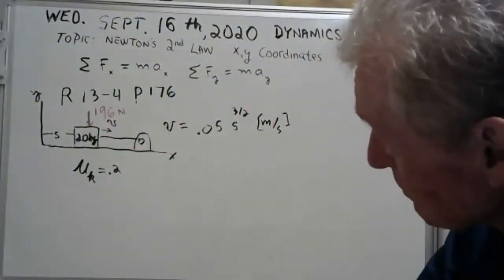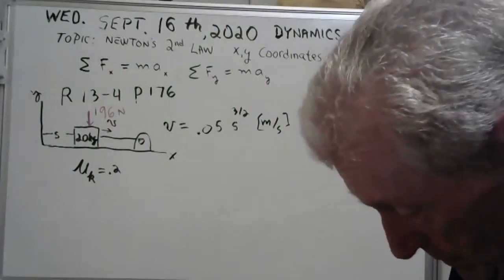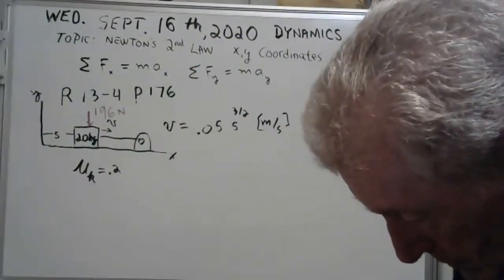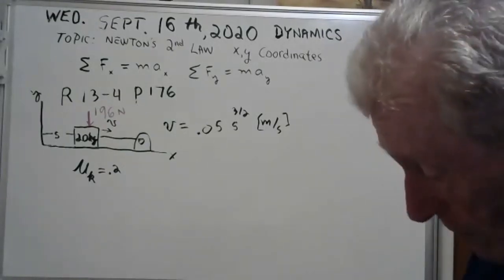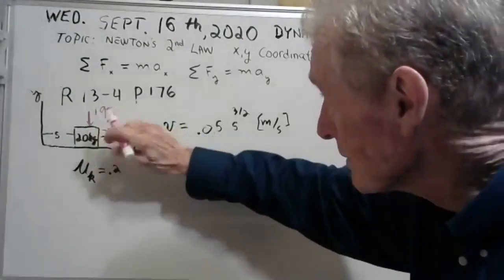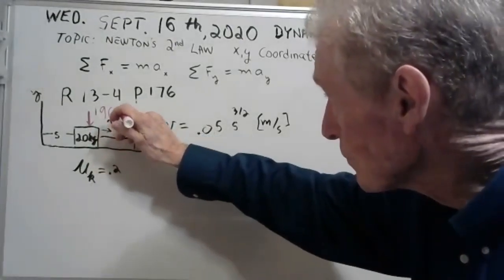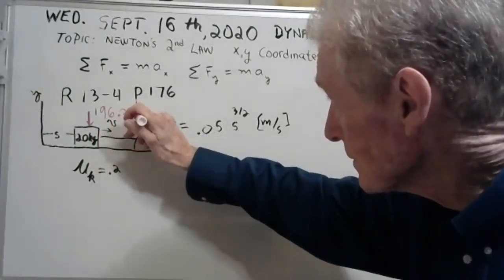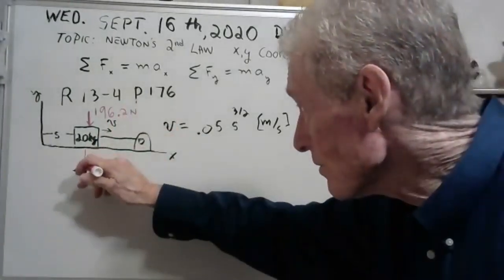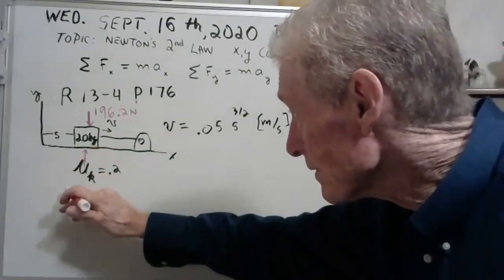I don't want to mess up here. Take 20 times 9.81. I came close. It's 196.2 newtons.